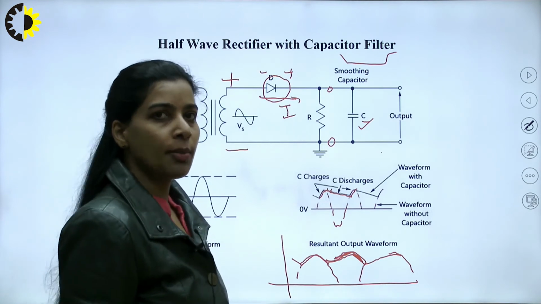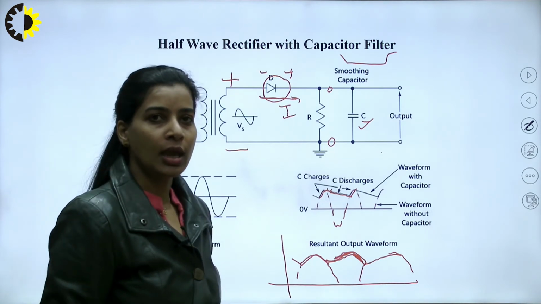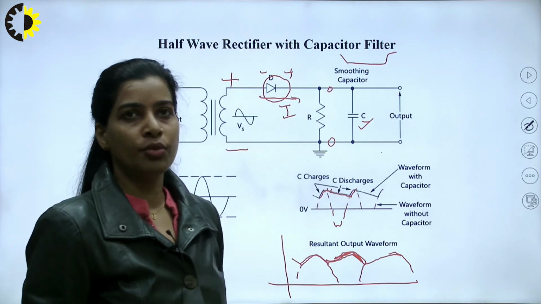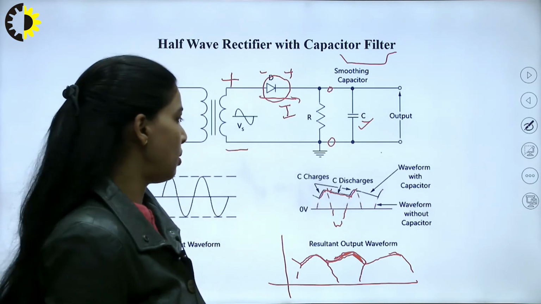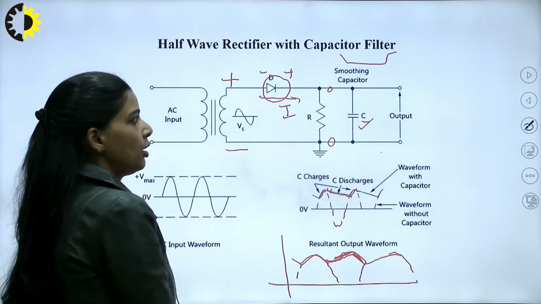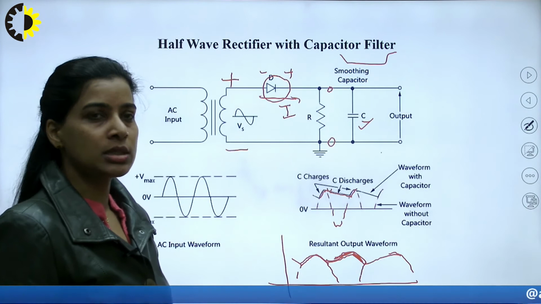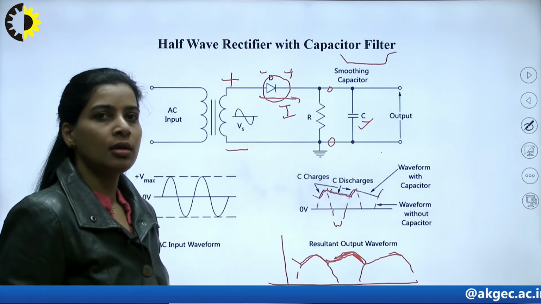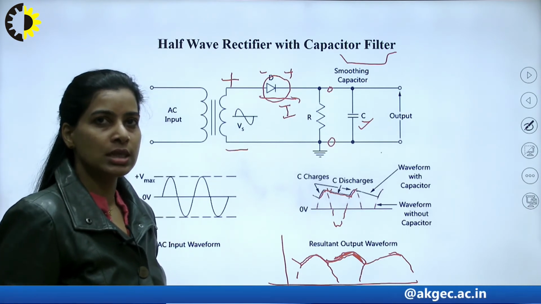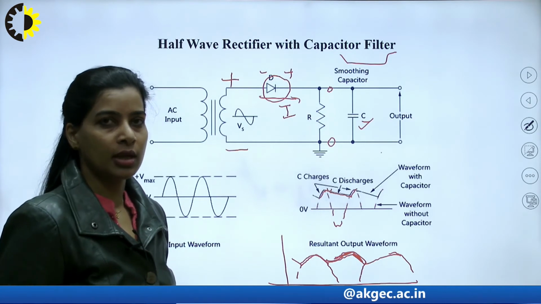So, using this capacitor filter, we can filter out the AC component of the output of the half wave rectifier. Using the capacitor filter, we get more accurate DC output for any rectifier circuit.